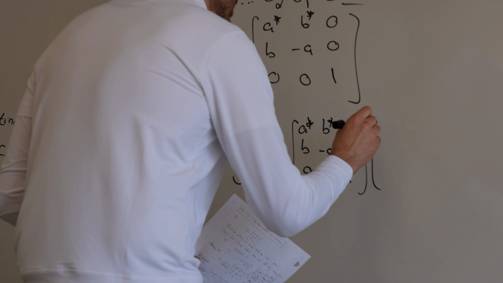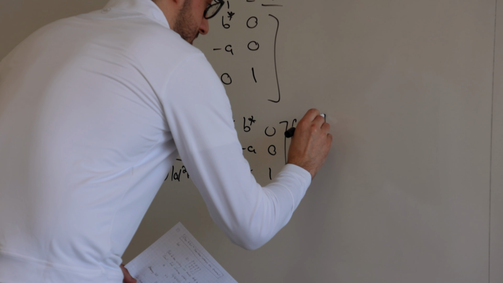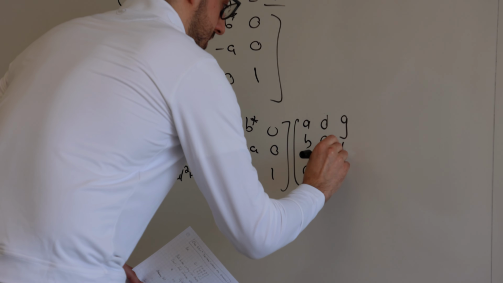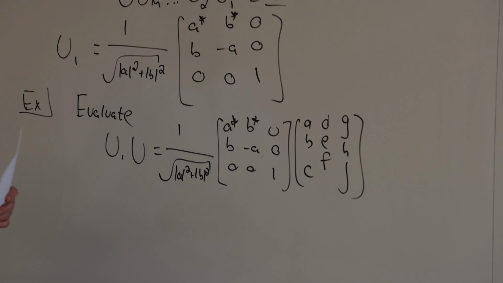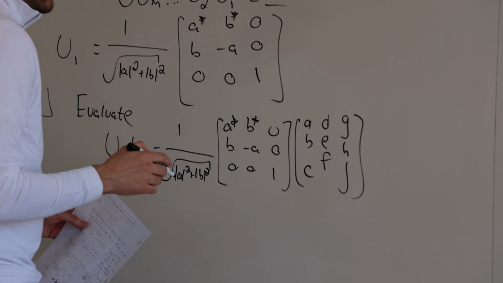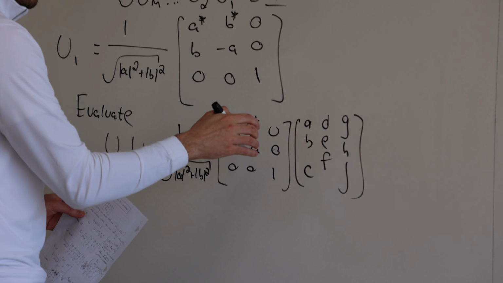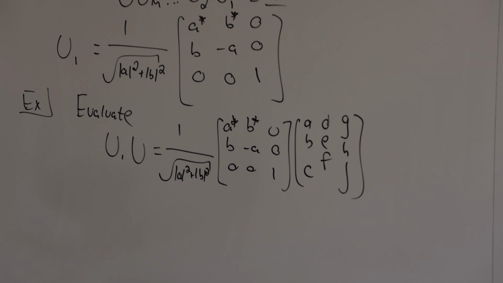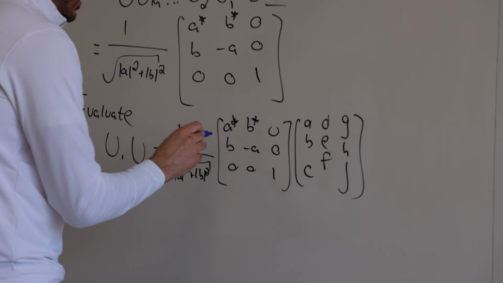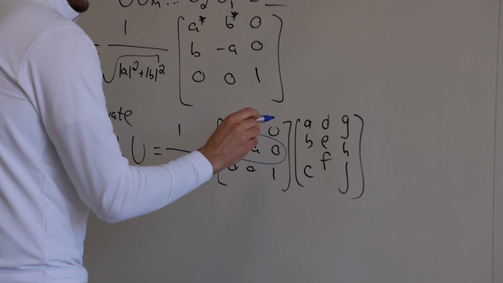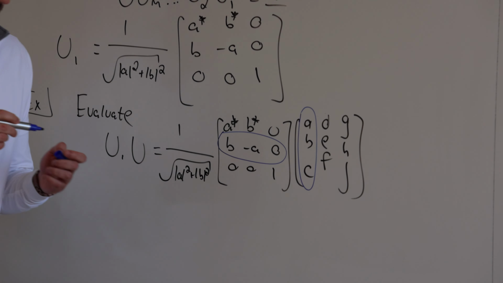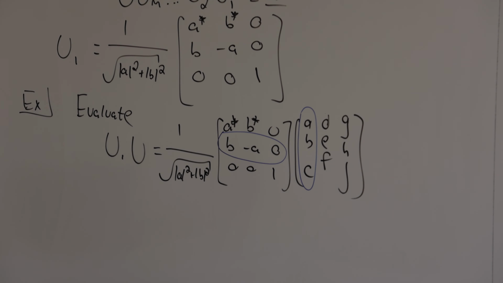And then the unitary U itself is a, b, c, d, e, f, g, h, j. The one that's of most interest to us is the second row by the first column. That's the 2,1 matrix element of the result.